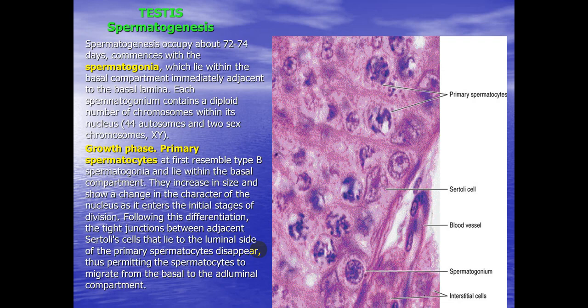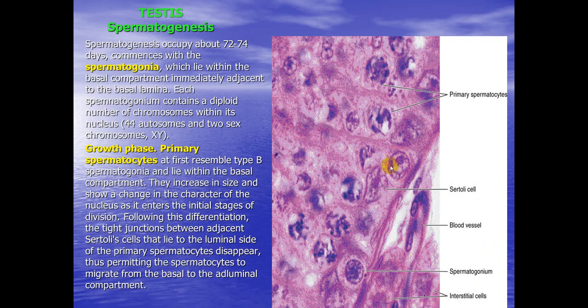But this process is cyclic and occupies different tubules. At different times this process starts and continues. The process starts from the deepest cells in the seminiferous tubules, which rest on the basal lamina.